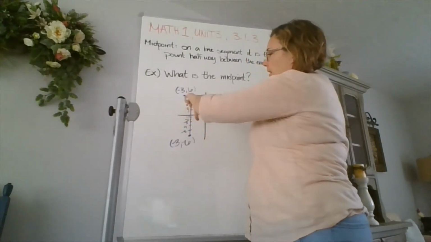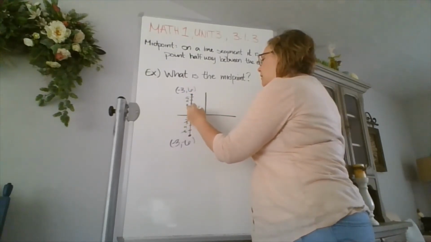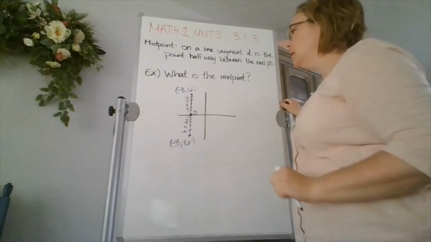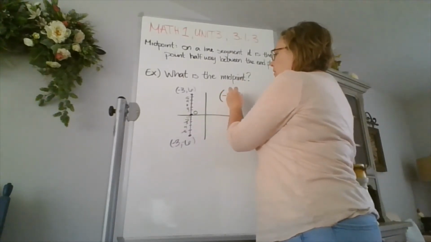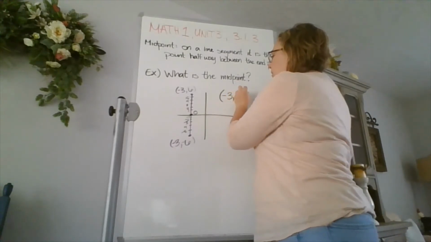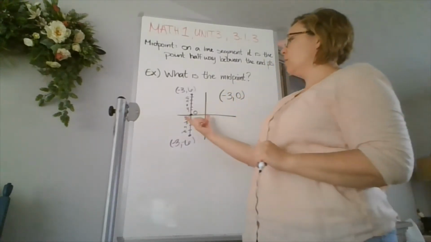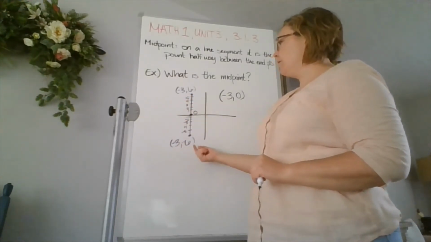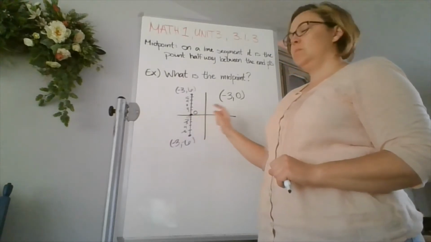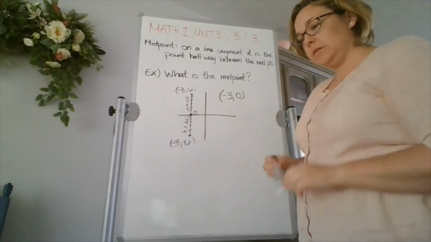So I've moved 5 steps in, and right here at 0 is our midpoint. So our midpoint for this situation is -3, 0. We don't have any horizontal change because the x's are always at -3, but our vertical change meets in the middle at 0. Okay, so those are 2 examples of midpoints.